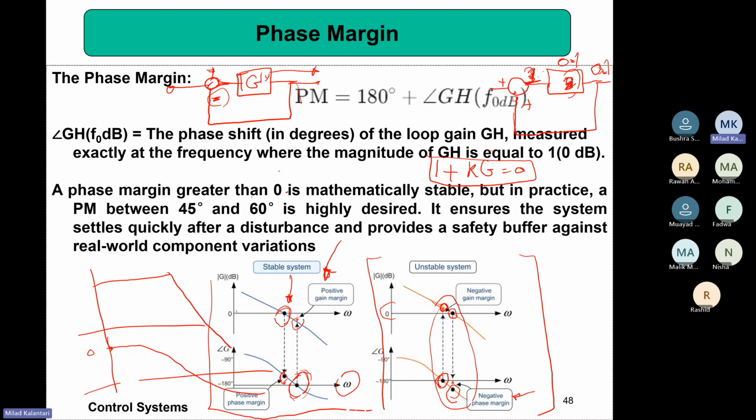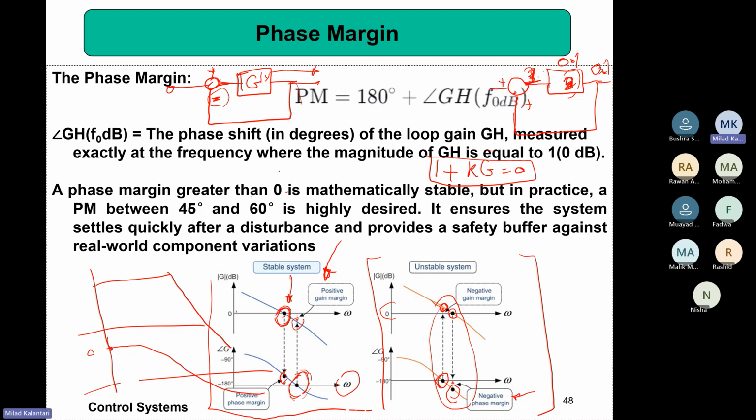So that's why we check like this. First, we find the location where the gain is 1. We want to know whether the phase is correct or not at that point. If the phase is less than 180 degrees, there is no chance for the sign of the feedback to become positive, though you have gain.